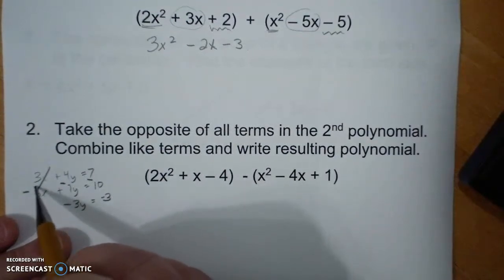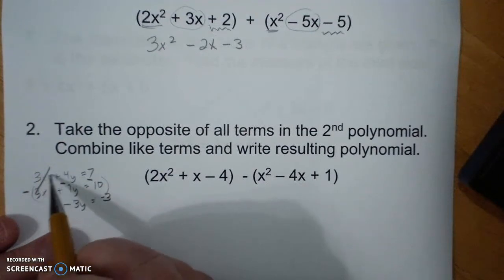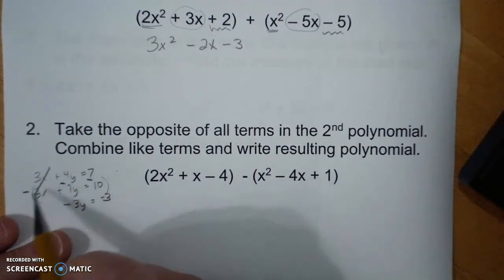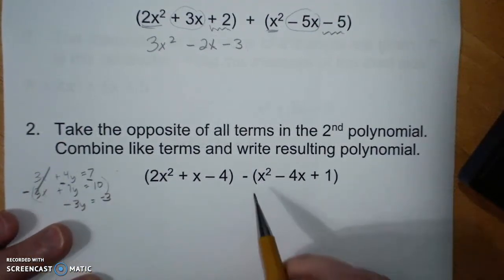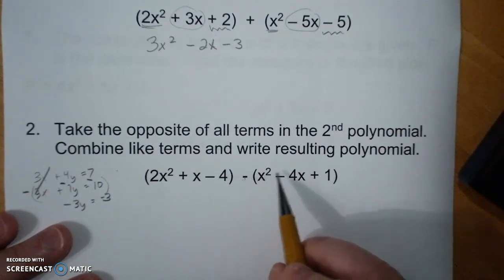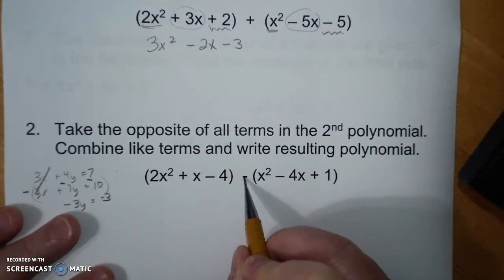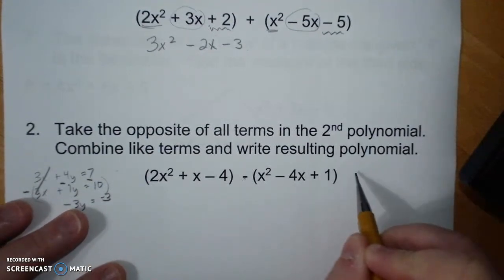Okay, what was happening is I was subtracting this entire thing. I had a top minus a bottom. Whenever you have a minus outside the parentheses, you need to float that negative all the way through.